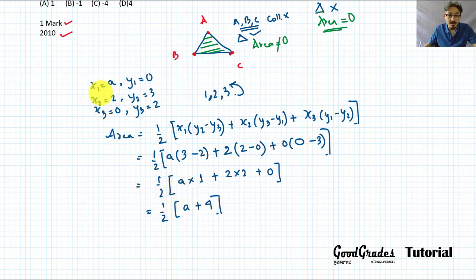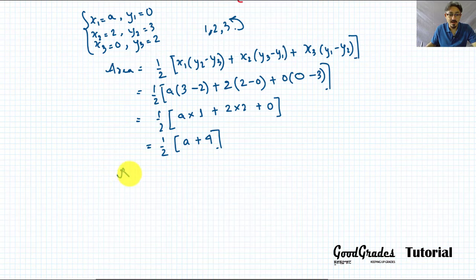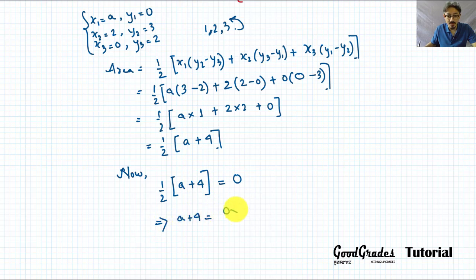The question says the points are collinear, so the area must be 0. Now we equate half of (a plus 4), the area, to 0. Then we have a plus 4 equals 0 into 2, so a is equal to 0 minus 4, which is minus 4.